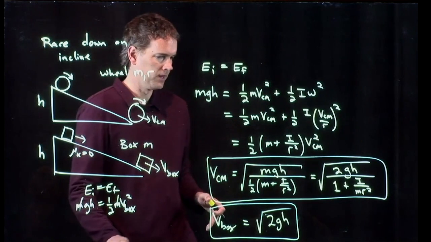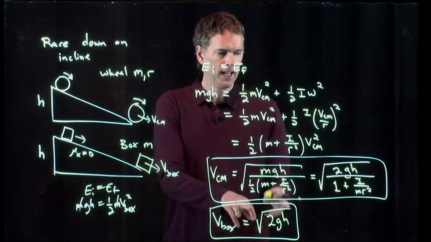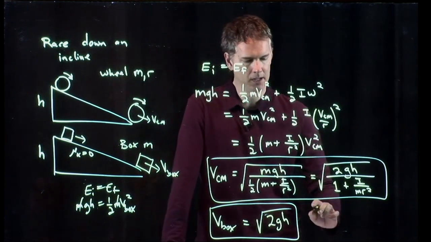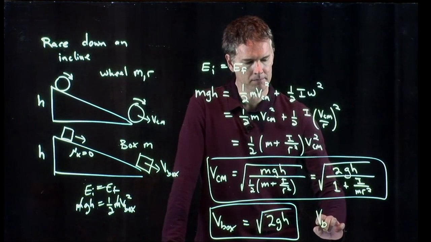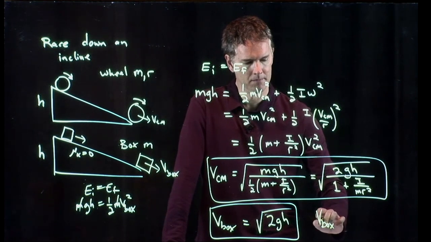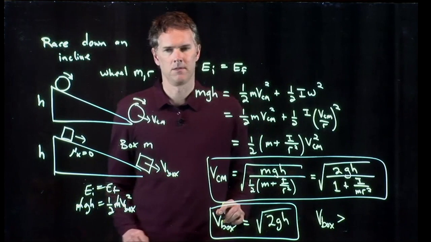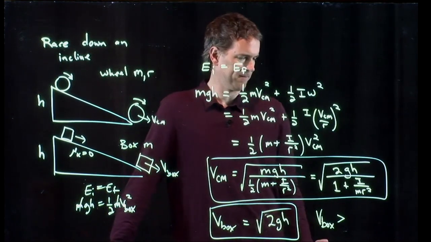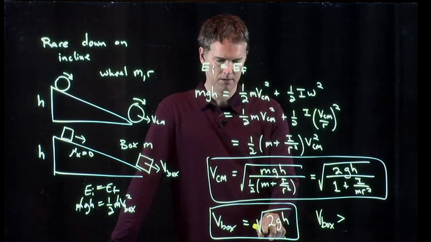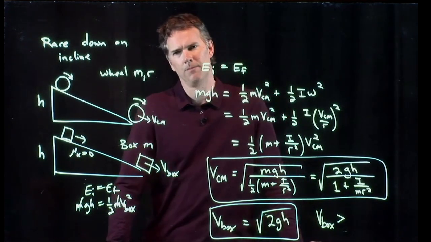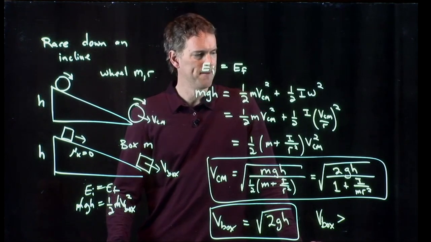So let's look at these two things. Is the velocity of the box bigger than the velocity of the center of mass? Jordan, what do you think? Is this answer bigger than the answer that we got for the wheel? Yeah. Why?